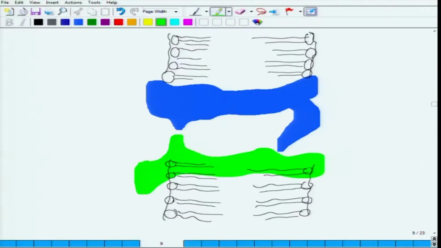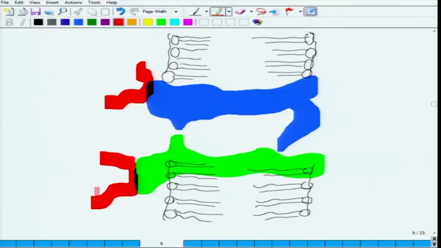Okay, and on top of this you have, and this is their anchoring, and these are being anchored. Okay. This is basically called the selectivity pore.